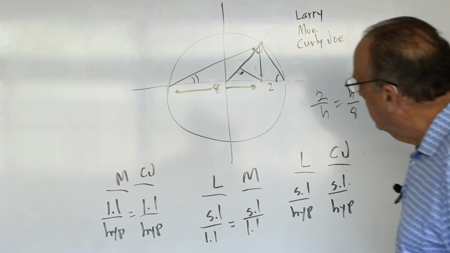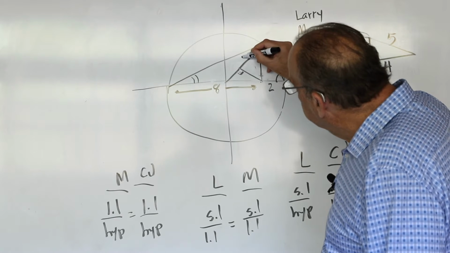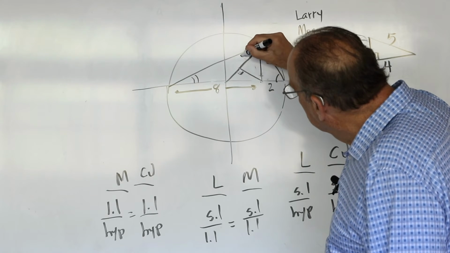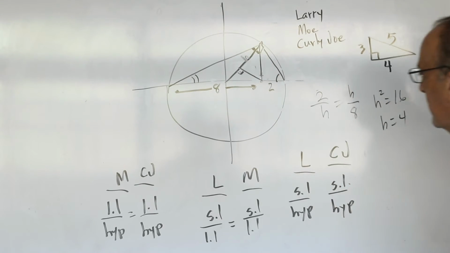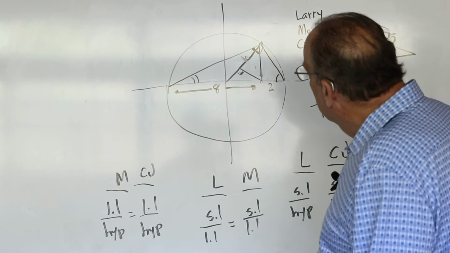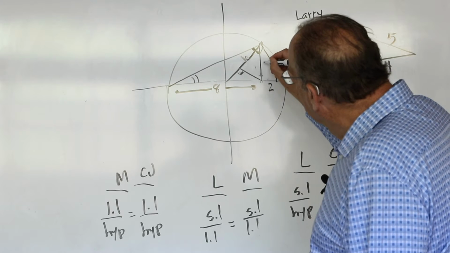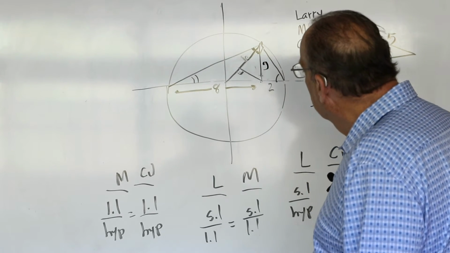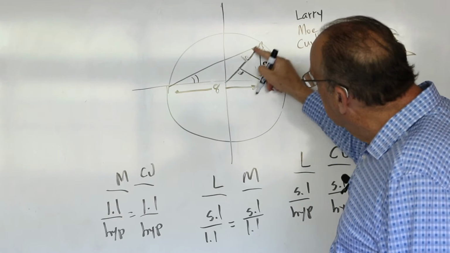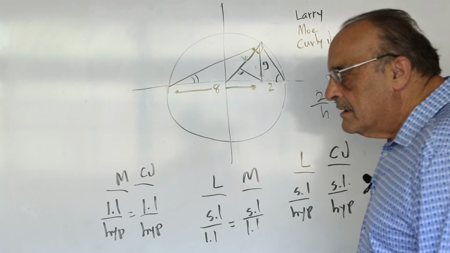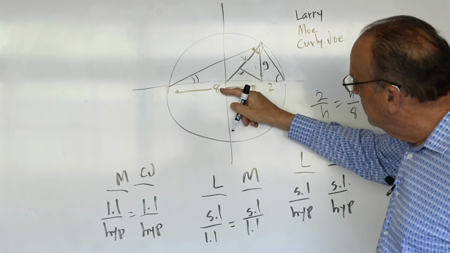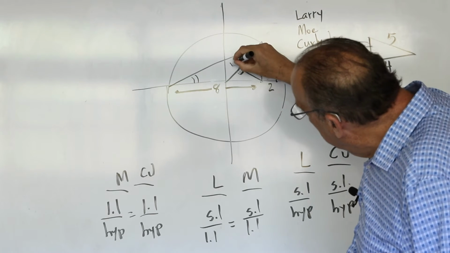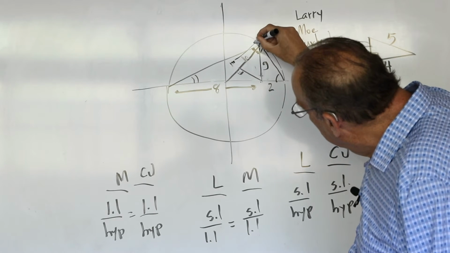So I claim this is actually going to be the harmonic mean, a harmonic mean. This will be the geometric mean. And this whole length will be the arithmetic mean. So I'm going to have M being the whole length. M is this whole length.